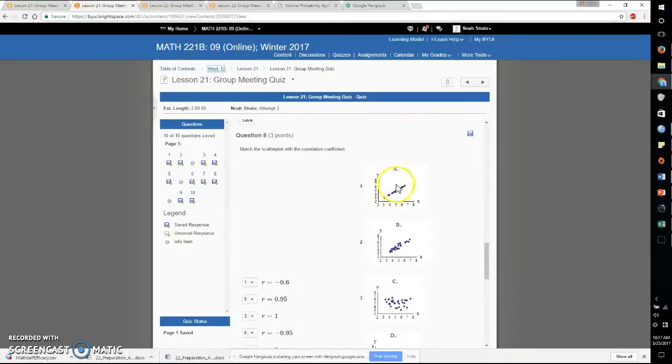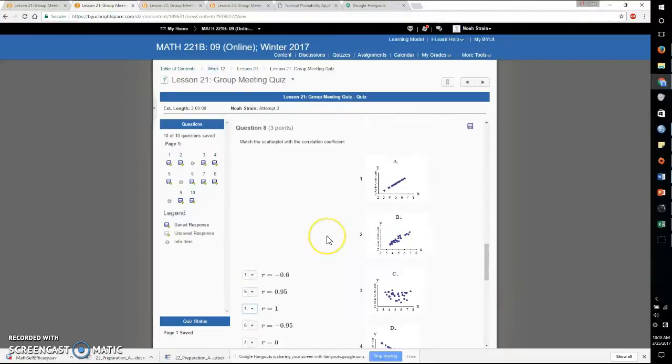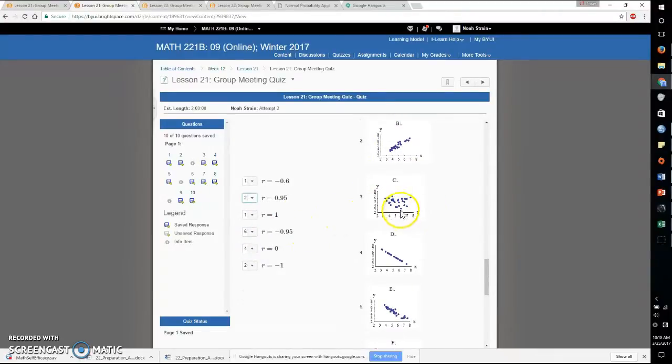Okay, so the first one up here, A, R should be positive 1. And then 2 looks like it's increasing as well, but it's not perfect, so that will be positive 0.95. C looks pretty random, so we're going to say that's 0. D is almost a straight negative, so that will be negative 1.